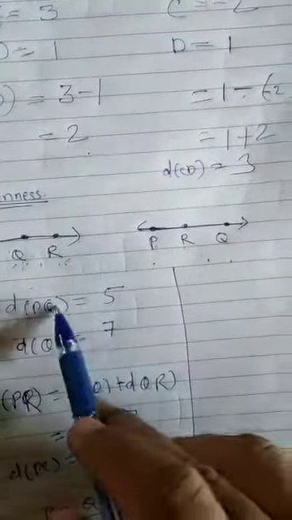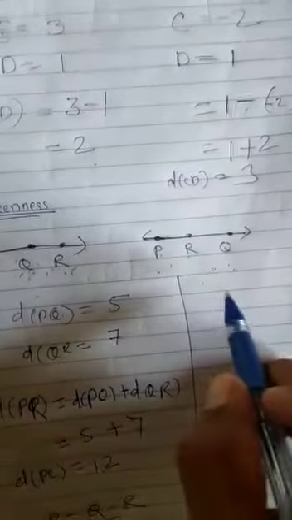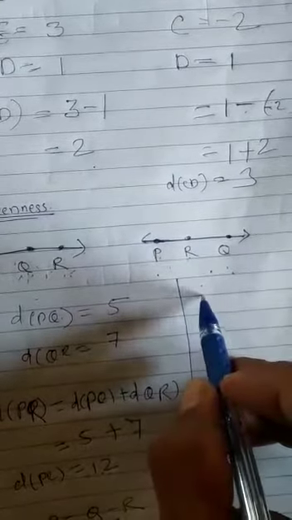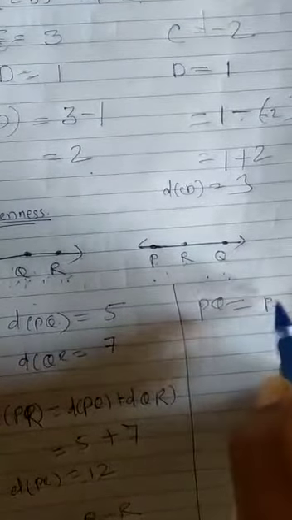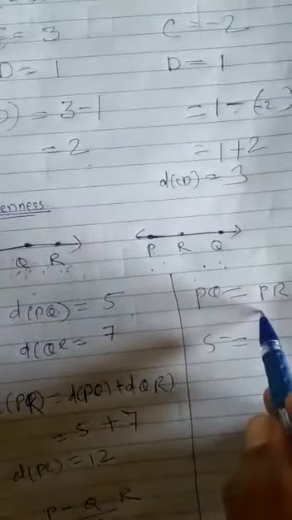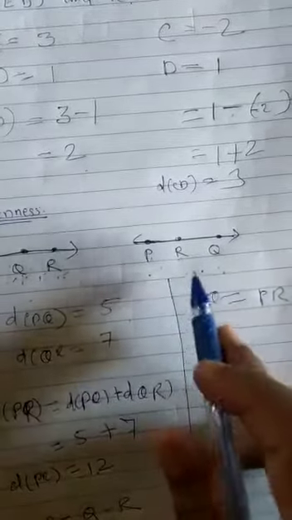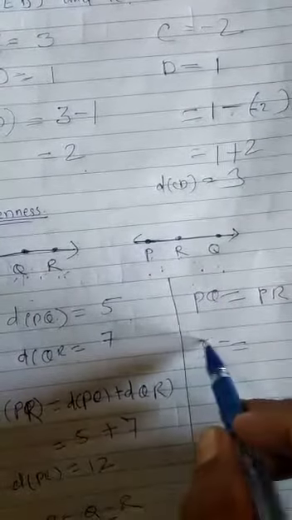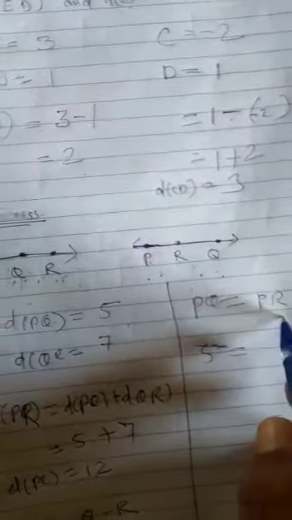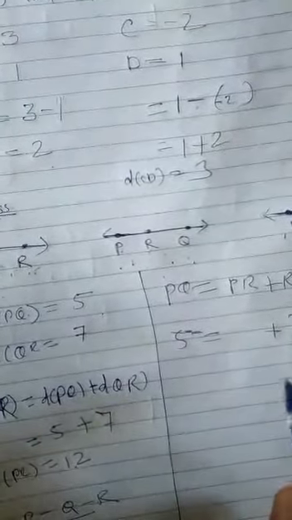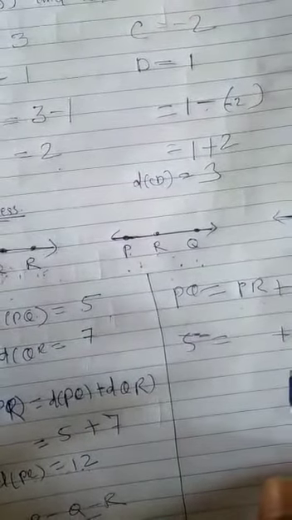How? See here, distance PQ is 5. Suppose R is the midpoint, so we have to write PQ is equal to PR plus RQ, right? PQ is given as 5, but PR is not given, and RQ is 7.